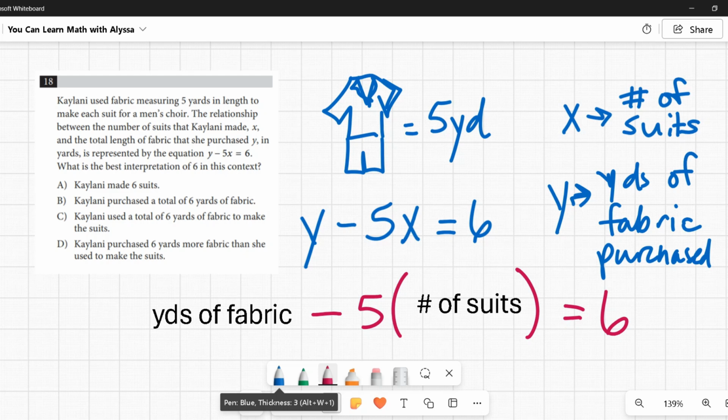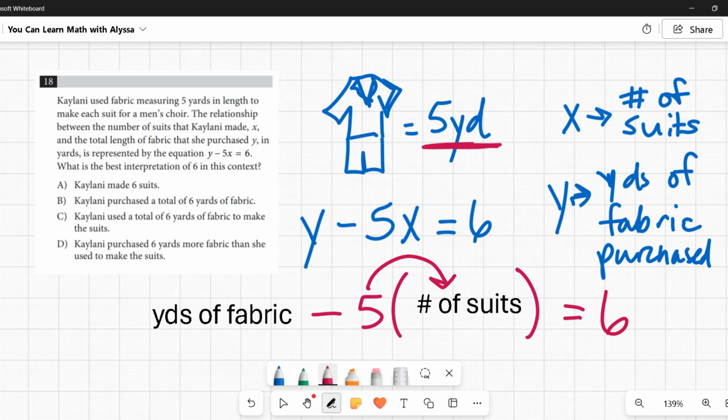Now they're asking, what does 6 mean? Well, let's look at our equation. Kaylani went and bought a whole mess of fabric at the fabric store. And then 5 times the number of suits. Where's that 5 coming from? We're told that there are 5 yards for every suit. So if there are 5 yards per suit and I'm multiplying 5 times the number of suits, that tells me how much total yardage she used.